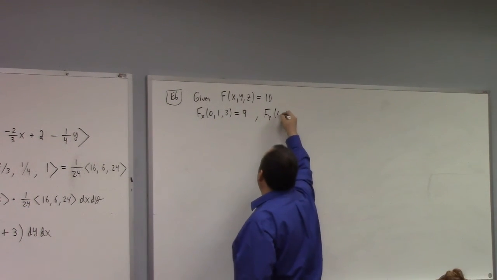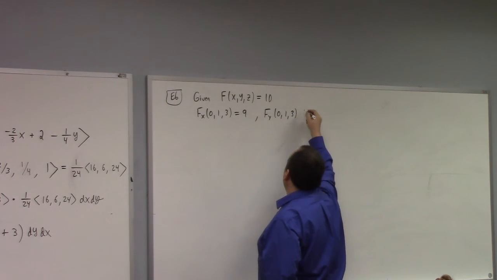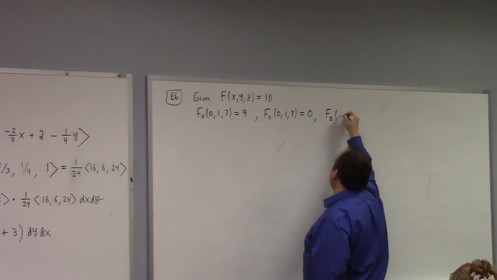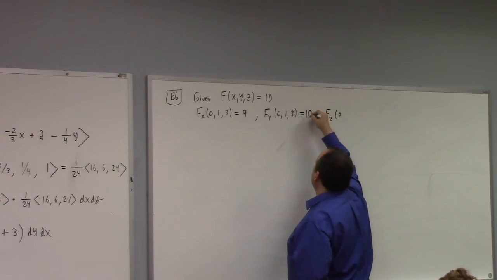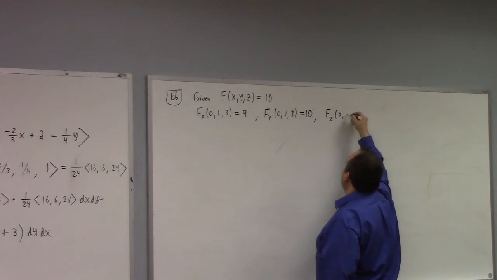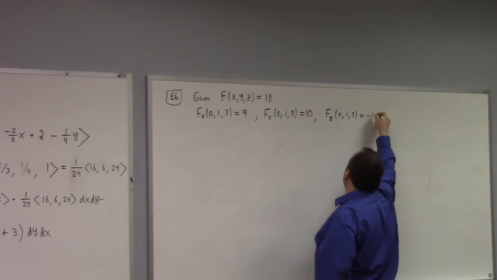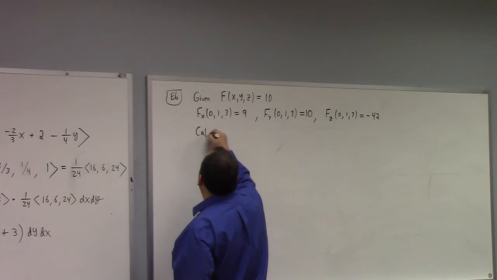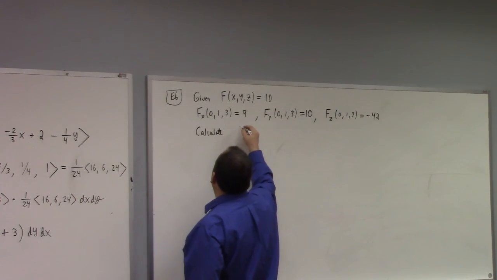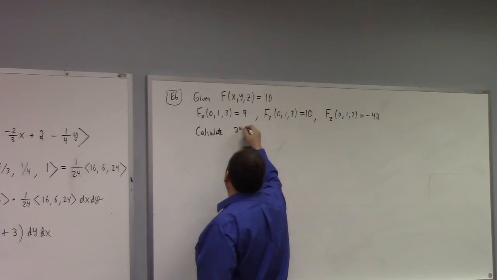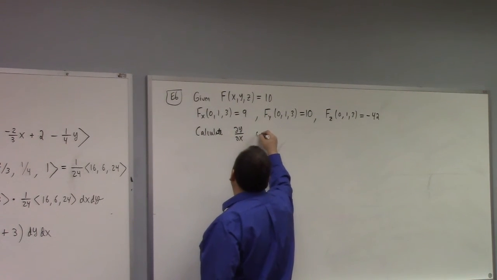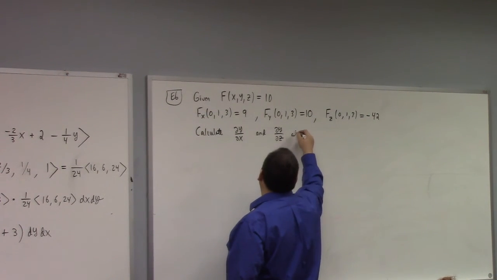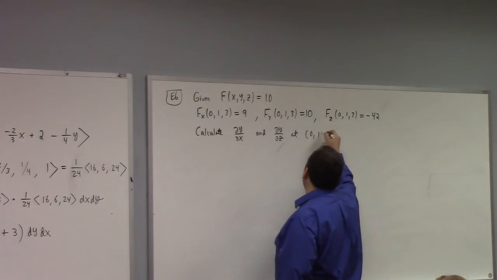F sub y of (0, 1, 3) is 10. F sub z of (0, 1, 3) is minus 42. All right, great. So calculate partial y, partial x, and partial y, partial z at (0, 1, 3). How do you do that?